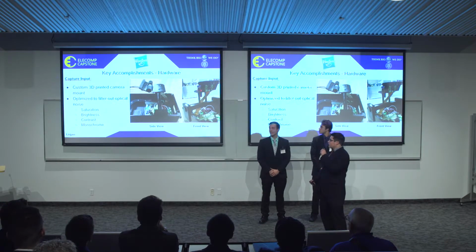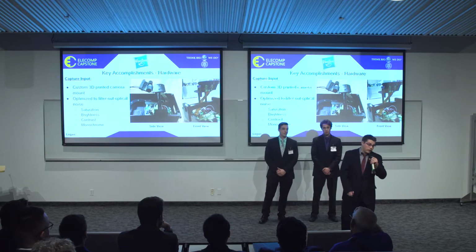On the right here, you can see a 3D printed custom camera mount that the camera is attached to. This was designed and built by our team this semester. This allows the camera a better angle to capture an image with. Also, the camera itself has many settings within it that we are using to filter out the background, just so we can get a more clear image for the software to process.